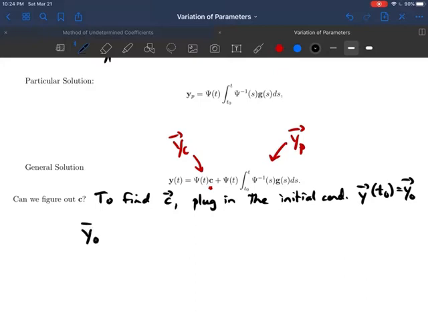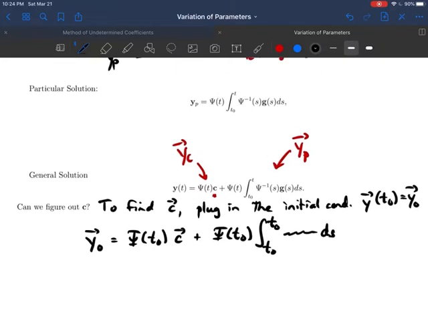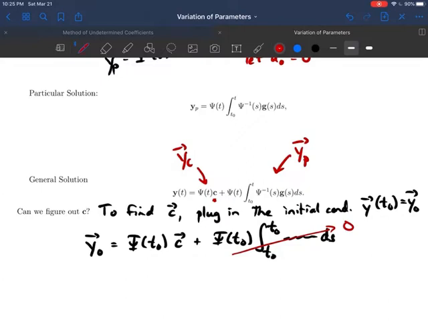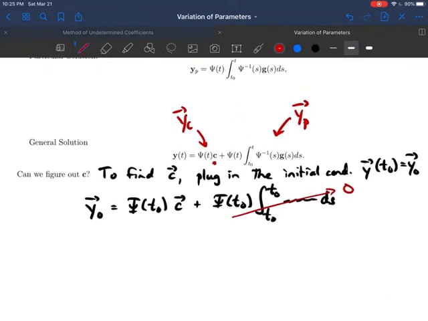That gives us y0 on the left-hand side equals Φ of t0 times C, plus Φ of t0 times the integral from t0 to t0 of some stuff. We don't even care what that stuff is because we are integrating from t0 to t0. That's all equal to 0. So this whole part here just becomes 0, and we're left with a much simpler version of this equation.